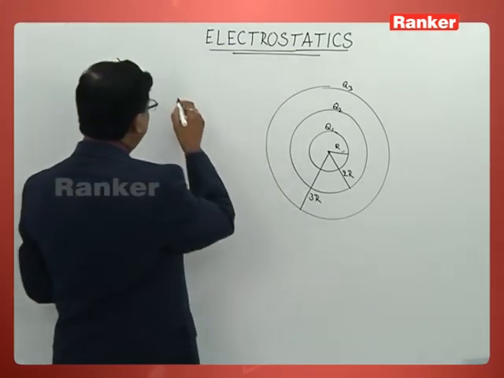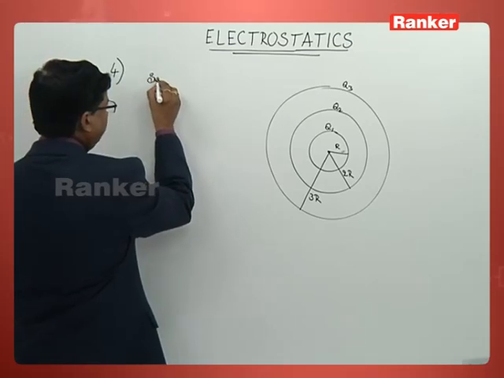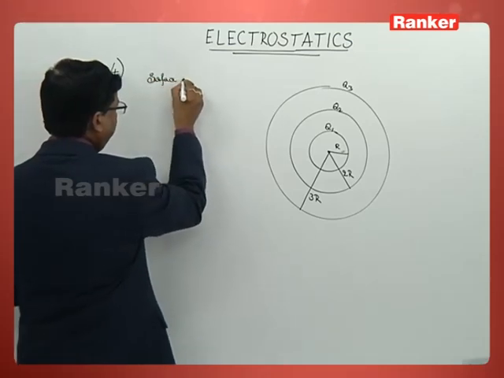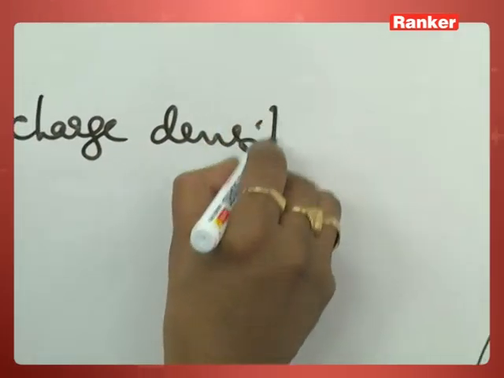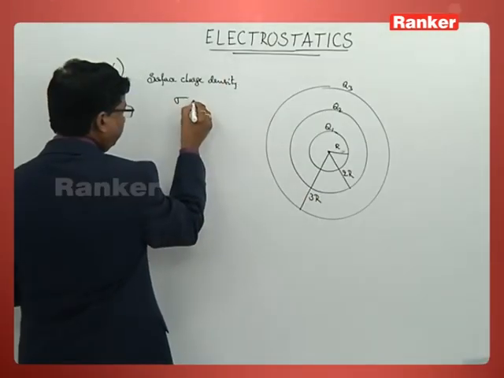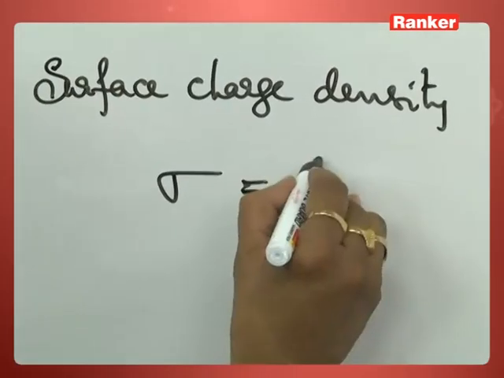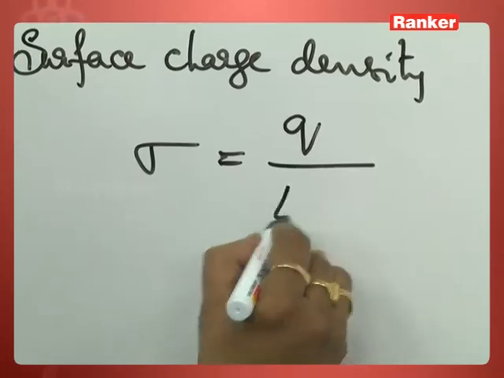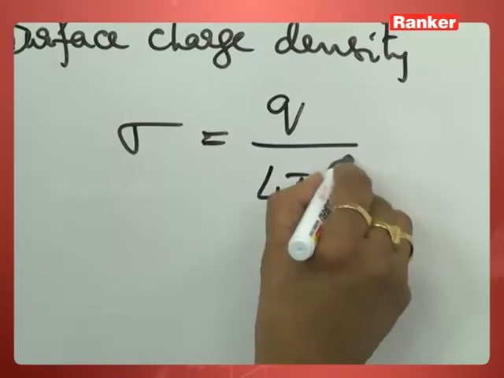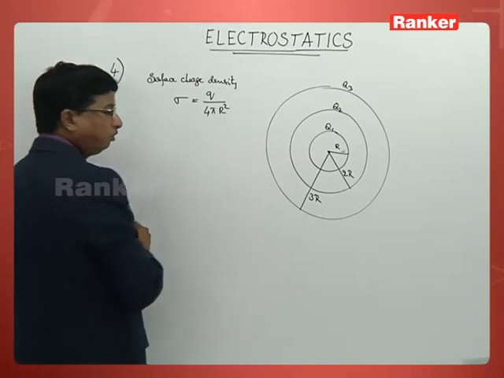When I take surface charge density, that we represent as sigma. It is charge by surface area. Generally 4 pi r square we take for a spherical shell.